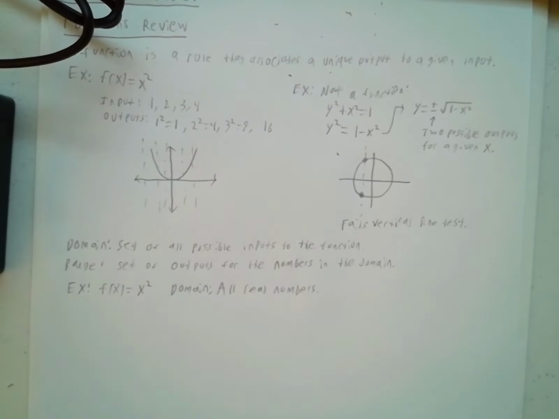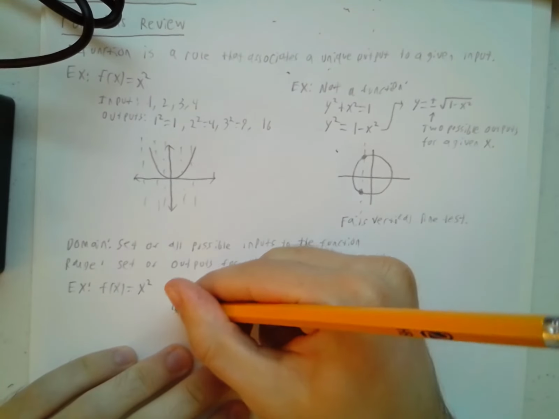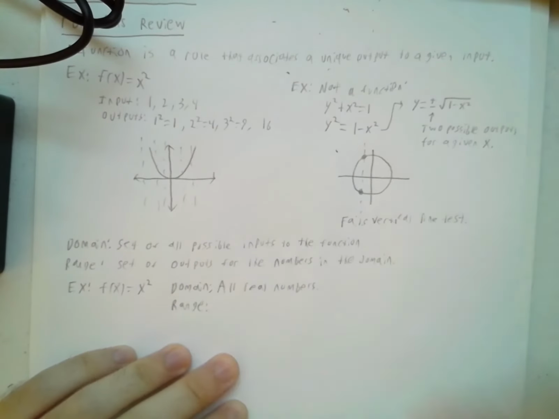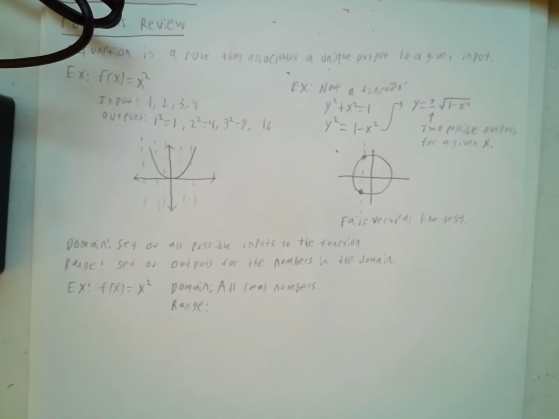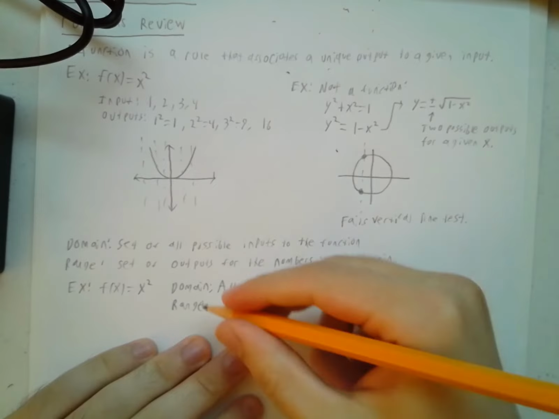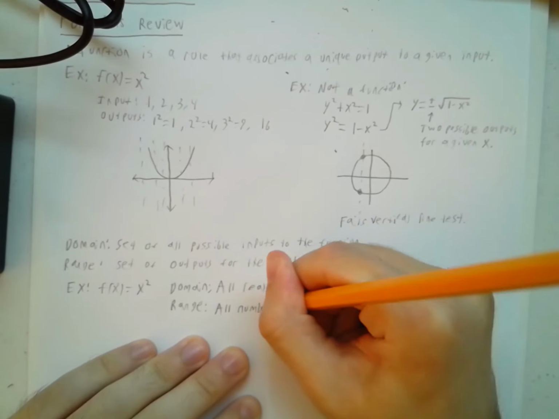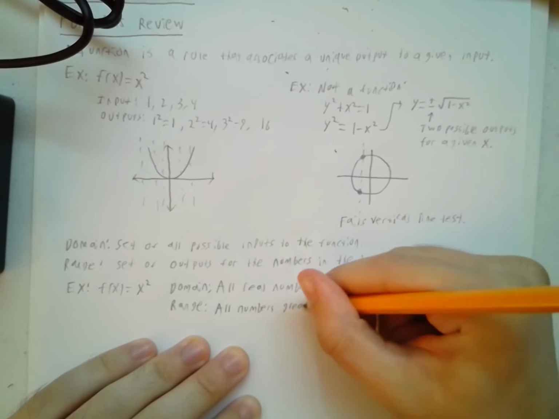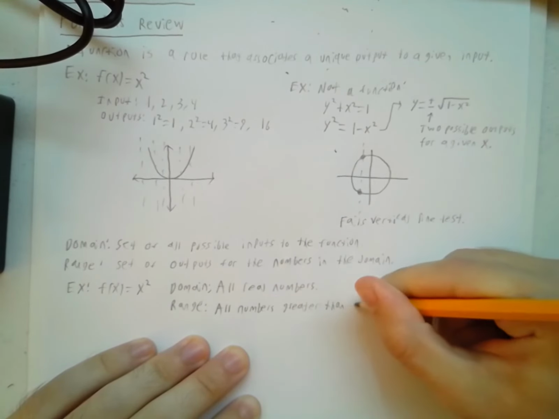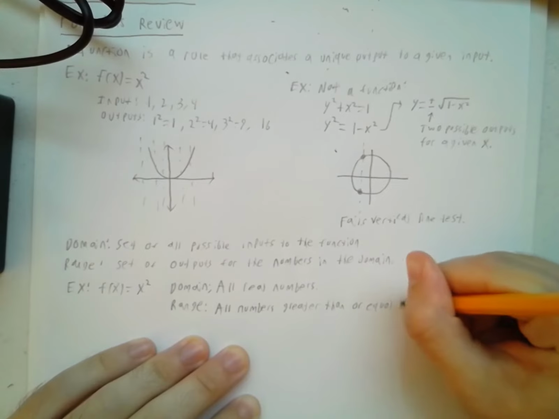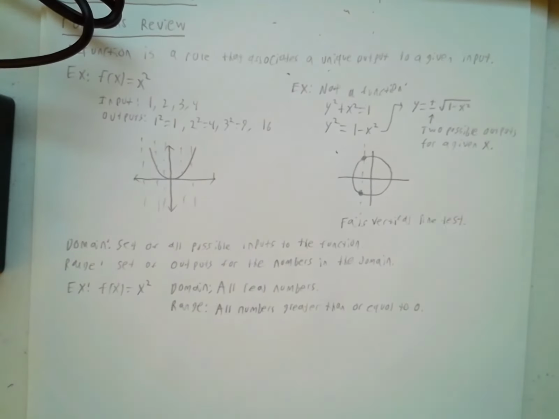Everything is well defined and there are no problems. The range, we know that for any number we plug in, when we square it, we're going to get a non-negative number. So that means that for this, we get all numbers greater than or equal to 0. And we can get 0 if we plug in 0 to the function, of course.